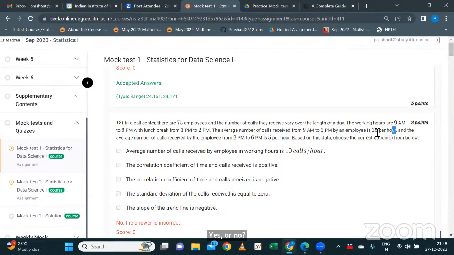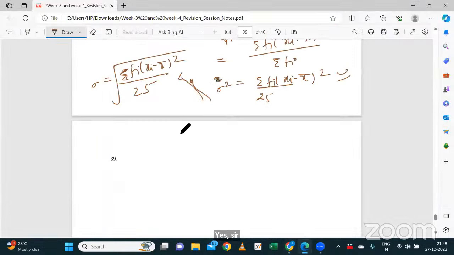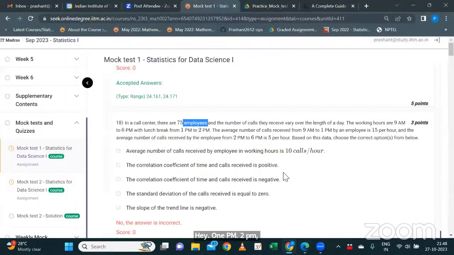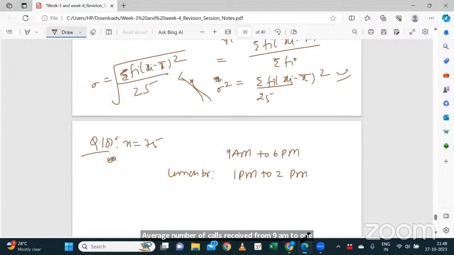See, there are total 75 employees, right? In question number 18, the office hour is 9 a.m. to 6 p.m. with a lunch break from 1 p.m. to 2 p.m., right? Now, the next part says the average number of calls received from 9 a.m. to 1 p.m. by an employee is 15 per hour.